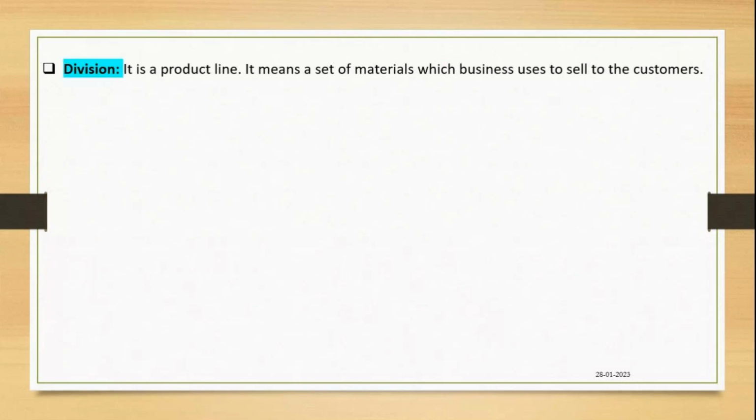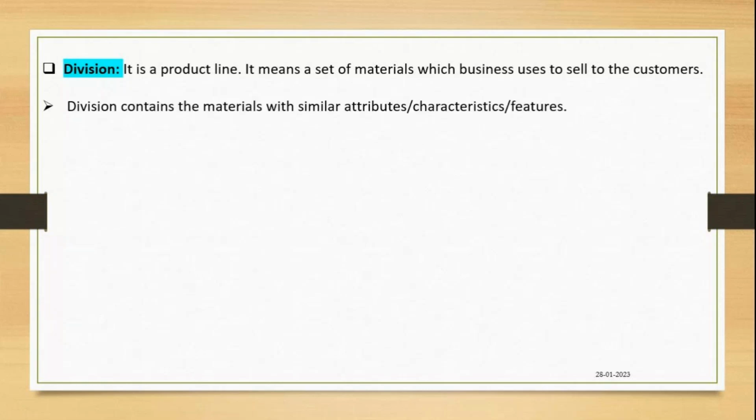Then the division. What is the division? It is a product line. It means a set of materials which the business uses to sell to the customer, a set of materials which has similar attributes, characters, or features. If you have a lot of materials, a lot of products for the business, we segregate them into divisions based on their nature, based on their attributes.